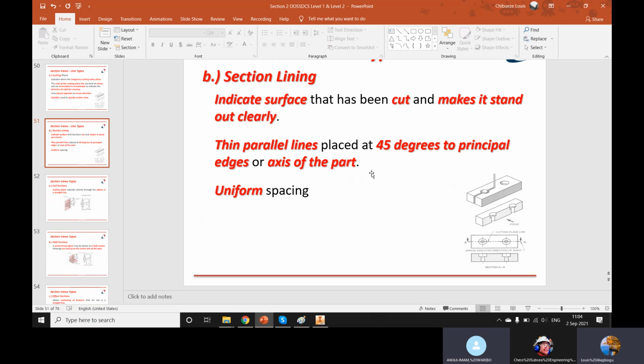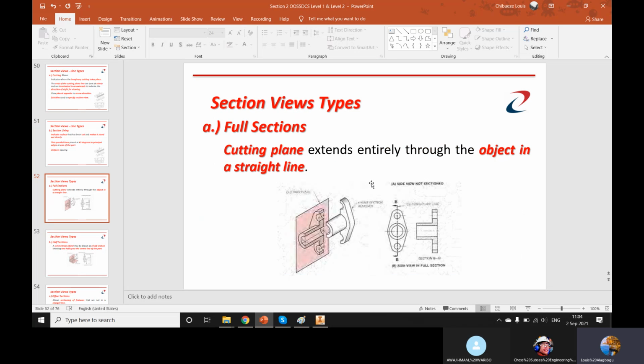If you're drawing all this by hand, you need to take note of the fact that it should be 45 degrees and the spacing should be uniform, and doing it by hand may be a bit more challenging than doing it with computer-aided design software. So there are different types of section now.